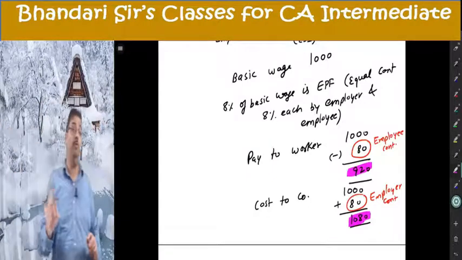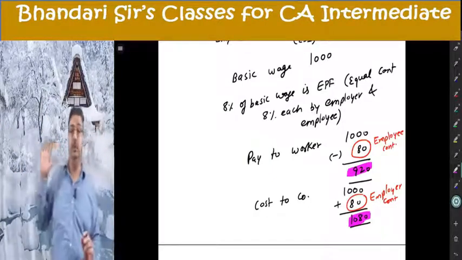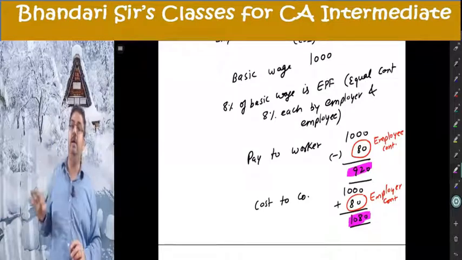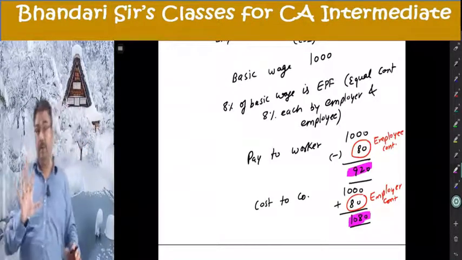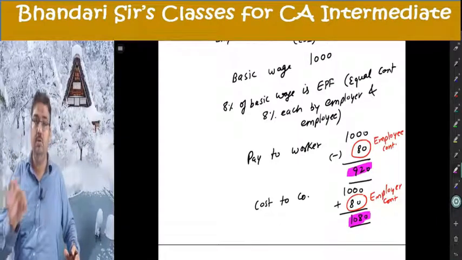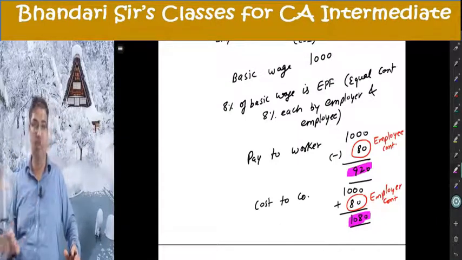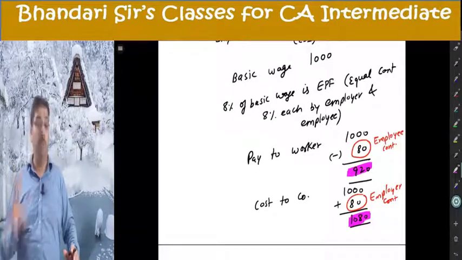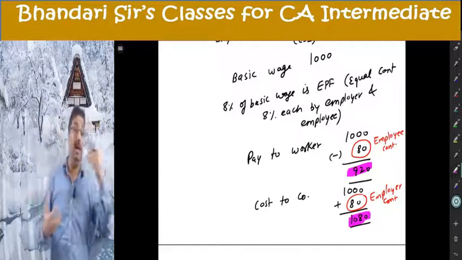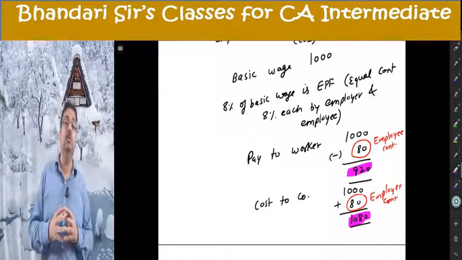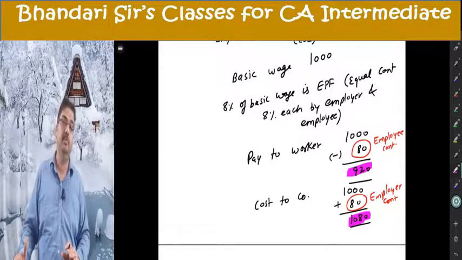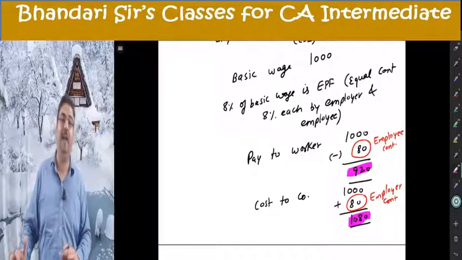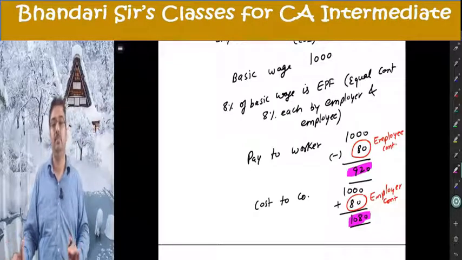If you have to compute wage rate per hour, it will be cost to company divided by hours. Wage cost per unit is wages cost to company divided by units produced. So focus on cost concept and earning concept differently in the basic concepts given there. We'll be reaching the practical questions next.